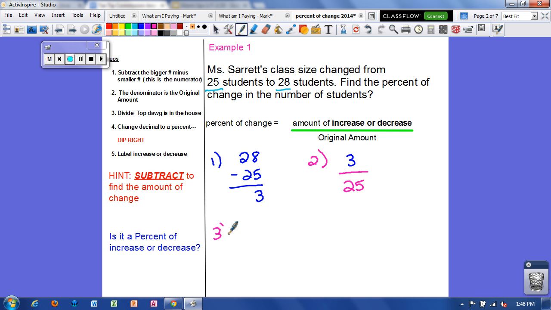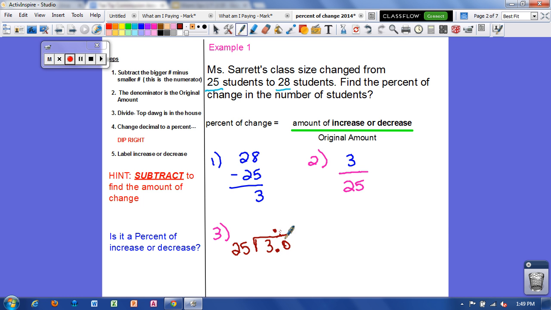All right, now step 3, I want to divide. And remember, top dog is in the house. So the top dog would be 3. So when I divide, I'm going to have 3 in the house and 25 on the outside. 25 cannot go into 3, so I have to add a decimal and a 0.